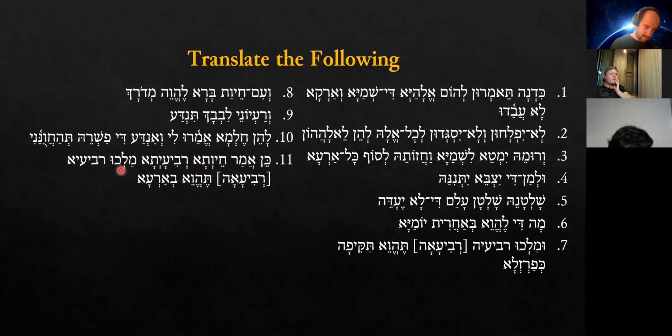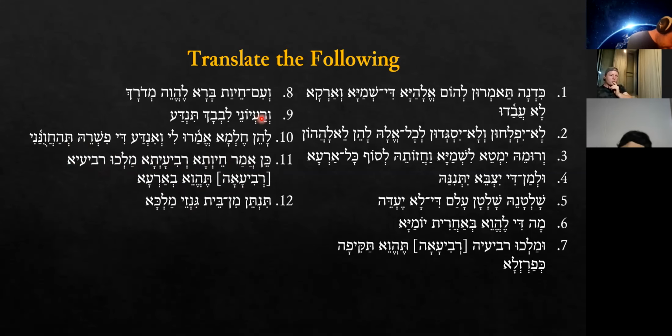Malchu just means kingdom. So, thus he said, the fourth beast will be a fourth kingdom in the earth. Yeah, the fourth beast will be the fourth kingdom in the earth.